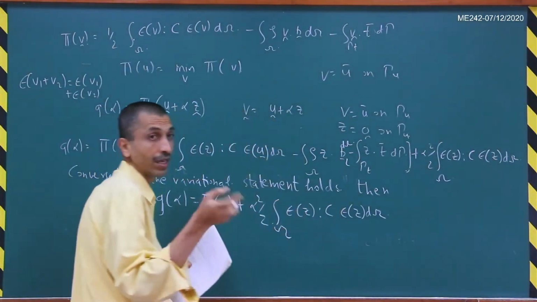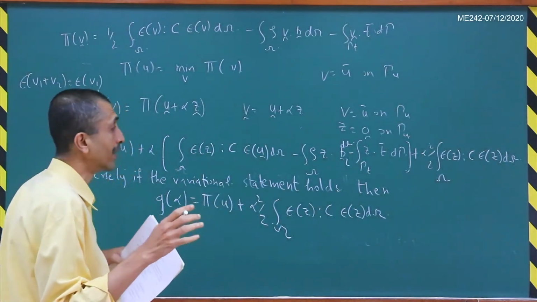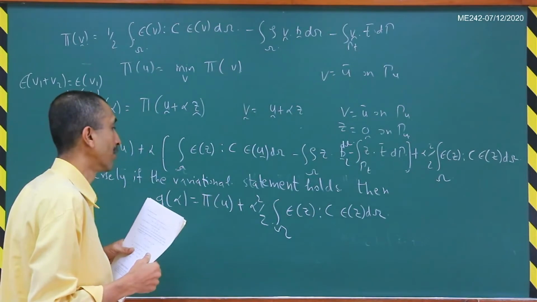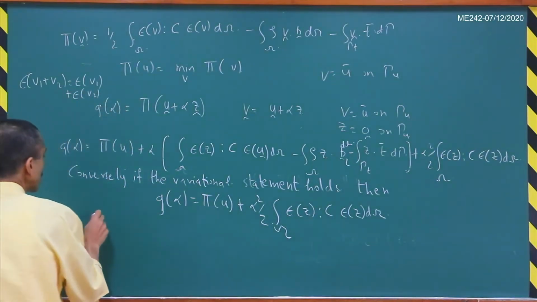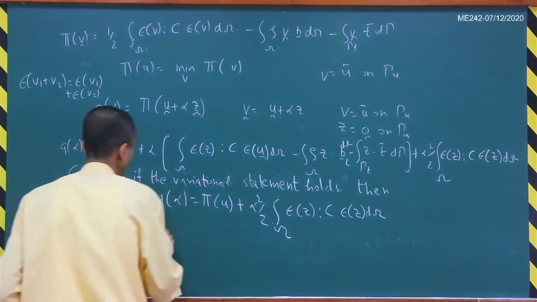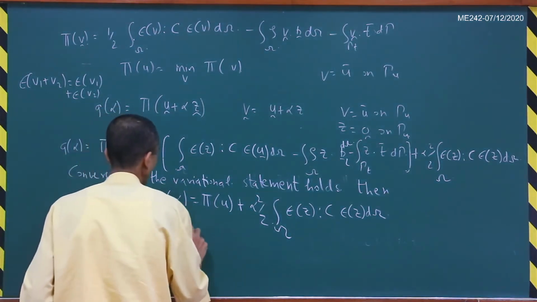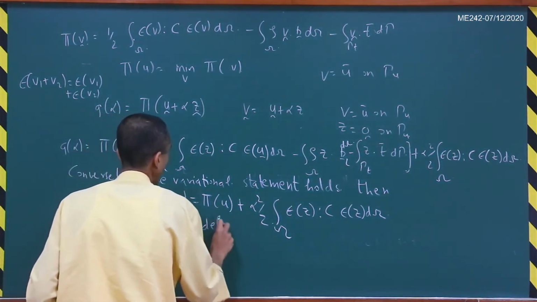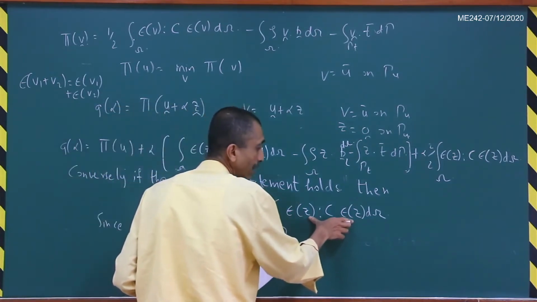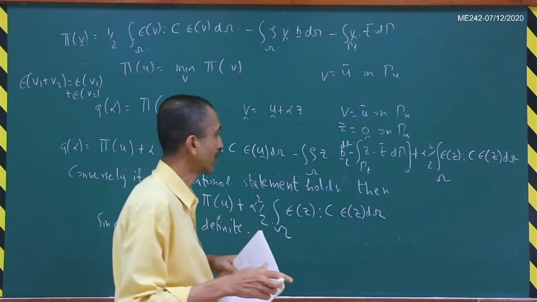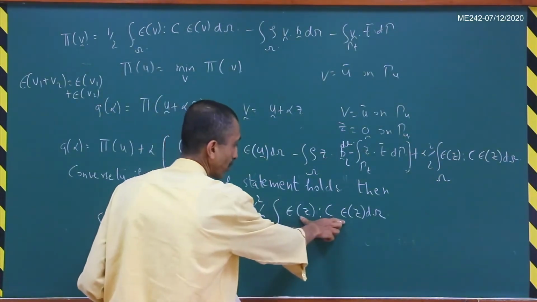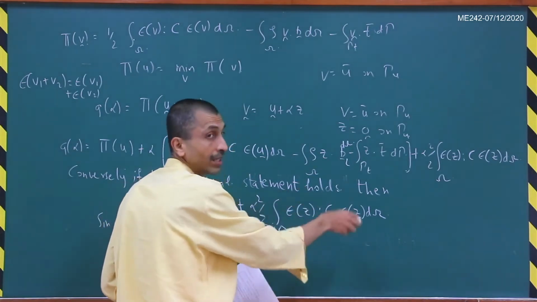So that was the definition that I had given just before we started the discussion of this principle of minimum potential energy. So since this c is positive definite, this whole integrand is going to be positive, correct? Because C is assumed to be positive definite.